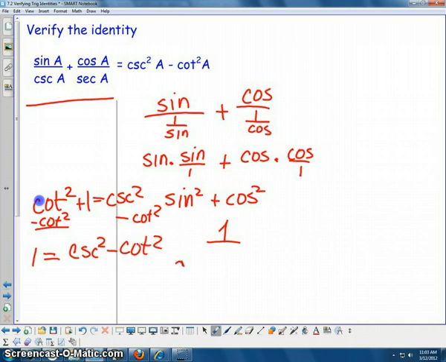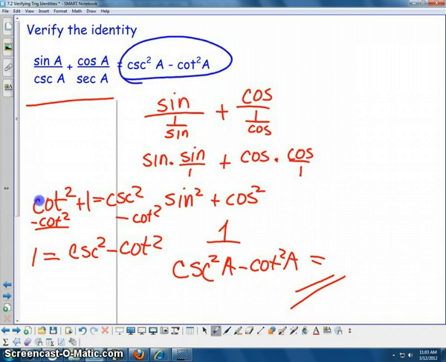Well, that's what we wanted. That was our goal. So we have 1, and I'm just going to replace it with cosecant squared minus cotangent squared. This is my proof that what I ended up with is equal to my goal. My left side looks like my right side.